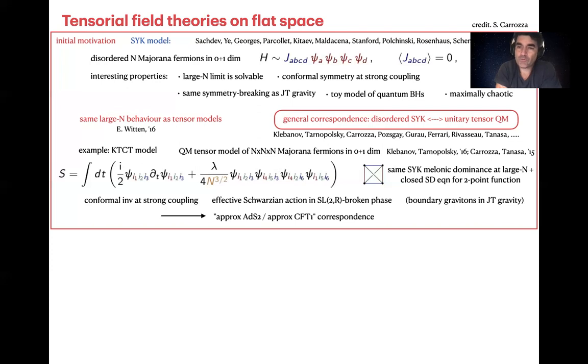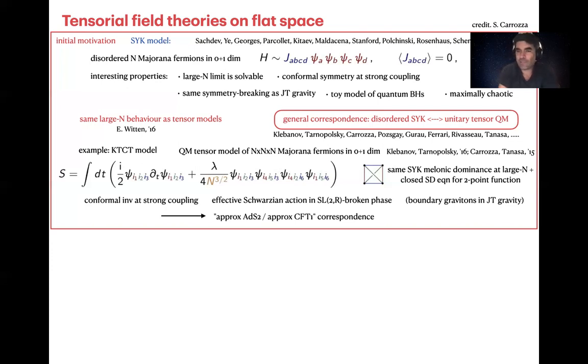I give you an example of a quantum mechanical system of tensor type. So a tensor model in 0 dimensions with a time dependence in the tensors. And this is the Klebanov, Tarnopolsky, and then Carrozza-Tanasa model.